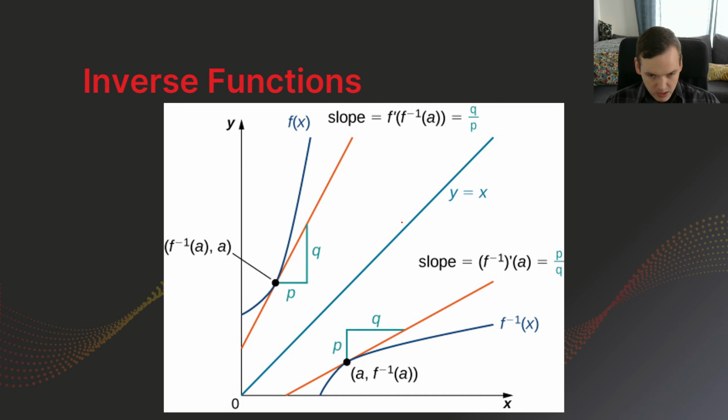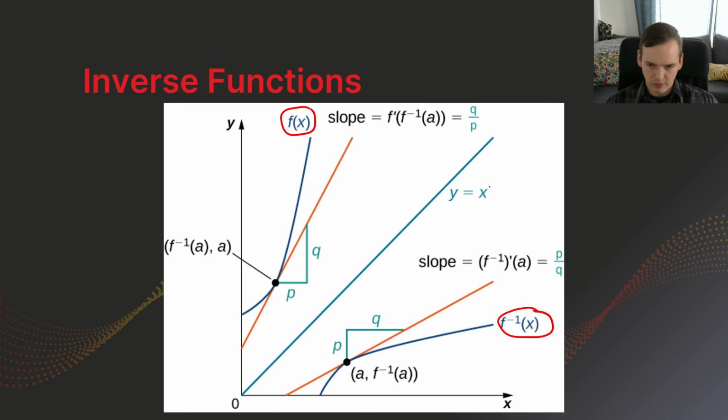So first we want to talk about just inverse functions in general, and I just want to point out how these things are related, because that will then help us to figure out how their derivatives are related. So what you'll notice is we have two functions, f of x and the inverse function of x. And if you remember, the relationship between a function and its inverse is just switching all of the x and y values.